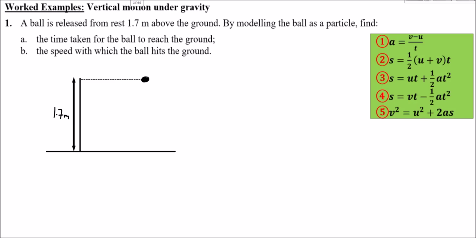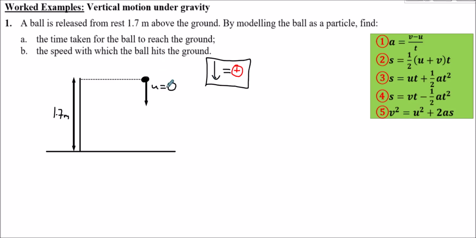but the initial velocity will start very soon going towards the ground. So for that reason, I'm going to take down as being the positive direction. I'd always take the initial direction of motion, or the near initial direction, as positive. So it starts at rest, so u equals 0.